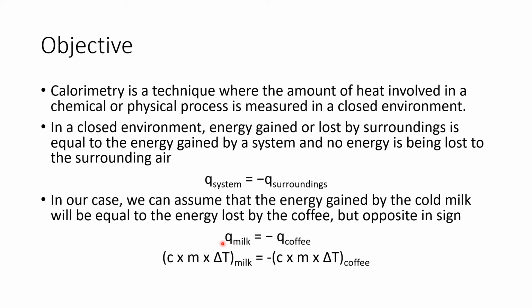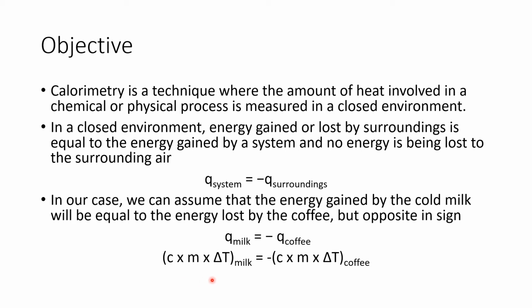And we also know that we can calculate heat of a system from this mathematical relationship: the specific heat, the mass, and the difference in temperature. Then we can set these equal to each other. So if we have 5 out of 6 of these, we can calculate for an unknown, right?